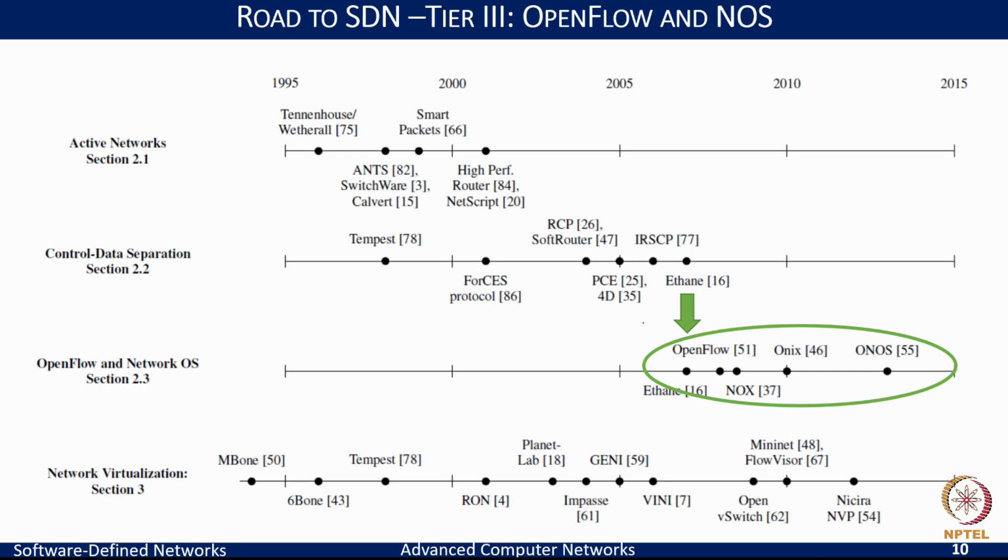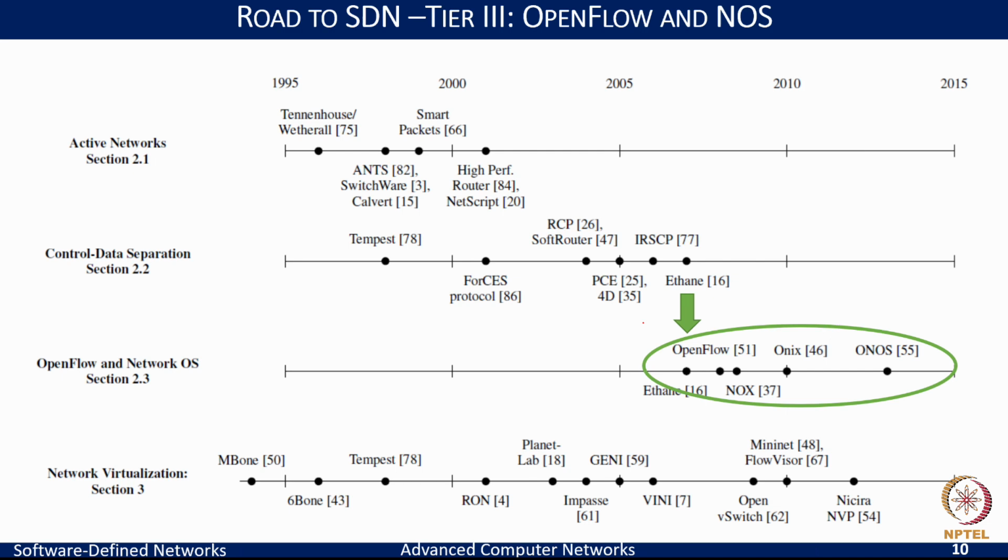And this Ethane work has been seminal in many aspects, wherein it paved the way to move the control plane out of the switching elements, and also towards building a centralized controller wherein one element can take the decisions on behalf of the other switches and routers in a network.